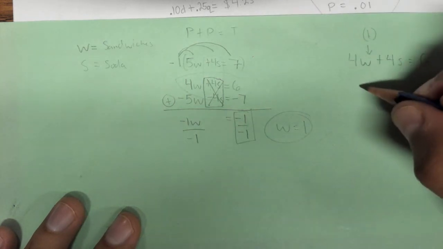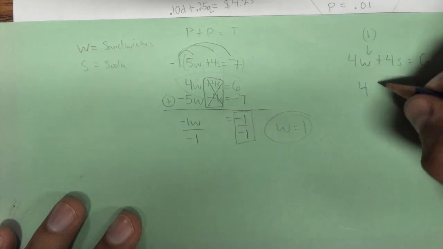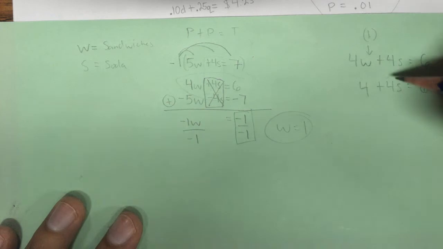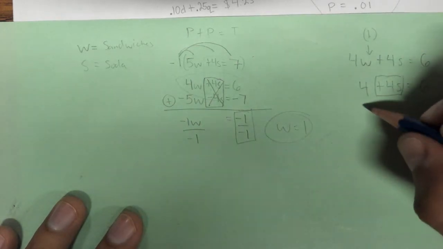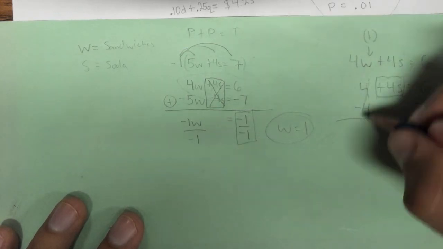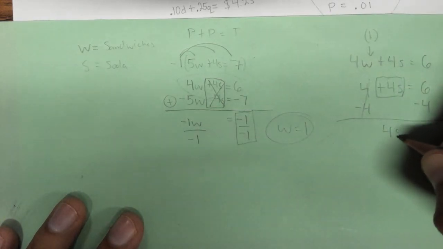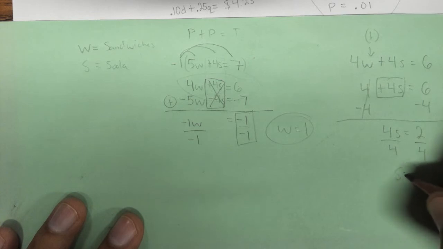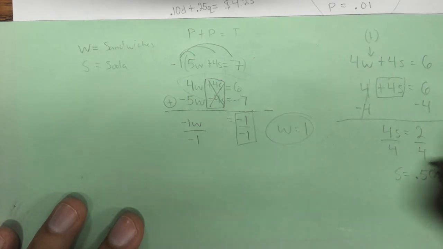4 times 1 is going to give me 4, so I can really just write that as 4 plus 4s equals 6. And then to solve for my missing variable, solve for s, I'm going to box that in and subtract 4. Six minus 4 is 2, then we divide everything by 4. 2 divided by 4 is going to be 0.5 or 50 cents.